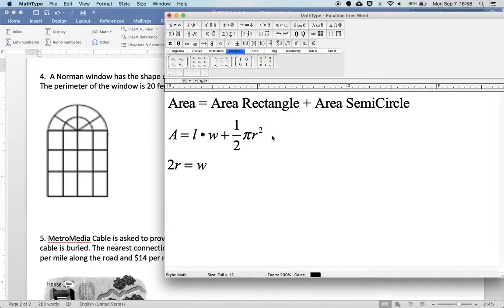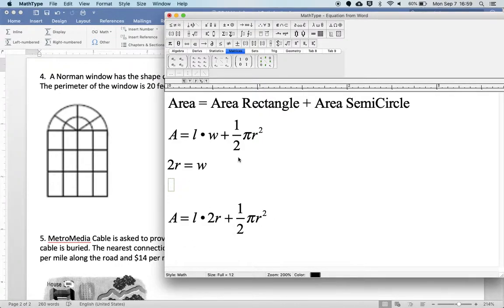That will allow us to make a substitution in our area formula. So I'm going to copy that, paste it, and substitute. Instead of w in the area formula, I'm going to replace that with 2r.